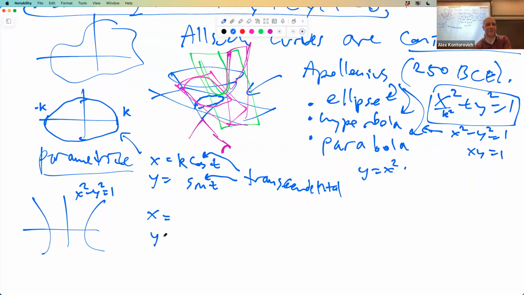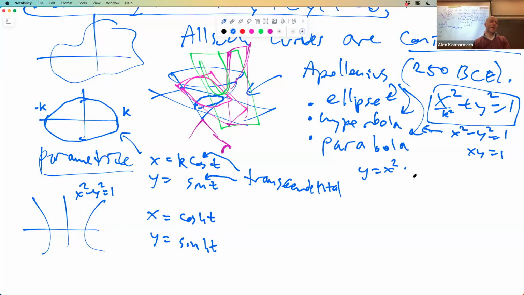Do we know how to parametrize hyperbolas? We didn't discuss this when we discussed hyperbolic sines and cosines. That's exactly what hyperbolic sines and cosines do, right? If I put cosh t and sinh t, cosh squared minus sinh squared is 1. So again, these are transcendental functions that parametrize the hyperbola.